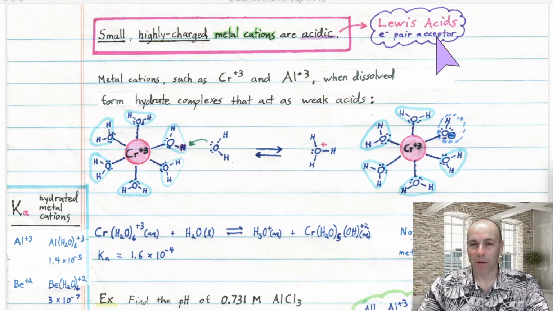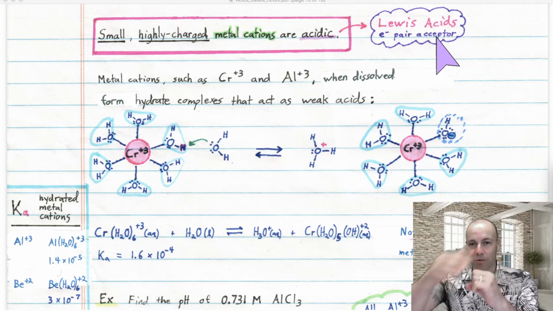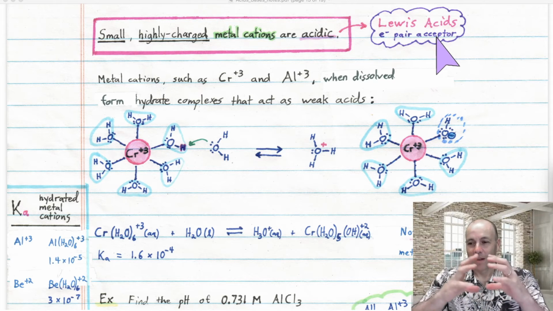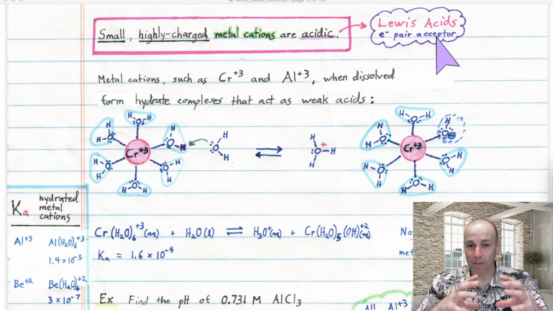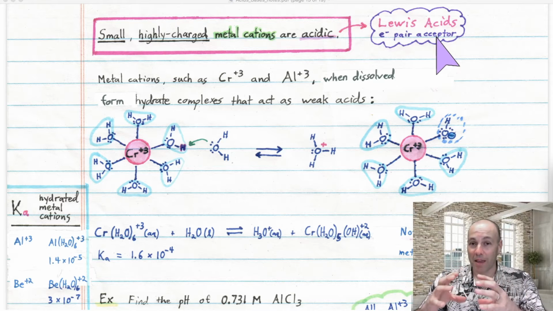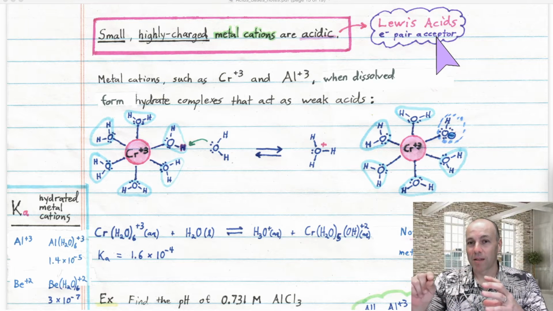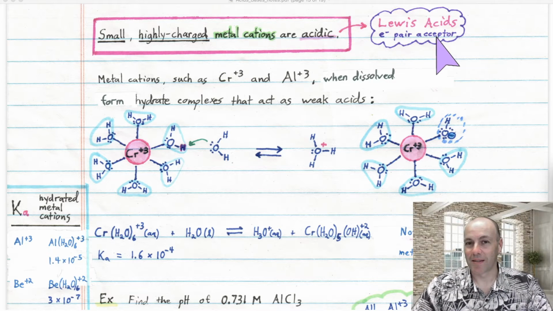When you have a metal cation in solution, what happens is the surrounding water molecules like to attach to it to form a hydrate complex, and that attaching is the metal ion acting as a Lewis acid. But after the molecules of water are attached, that larger complex can then go on and release a proton in solution, which is an Arrhenius acid.